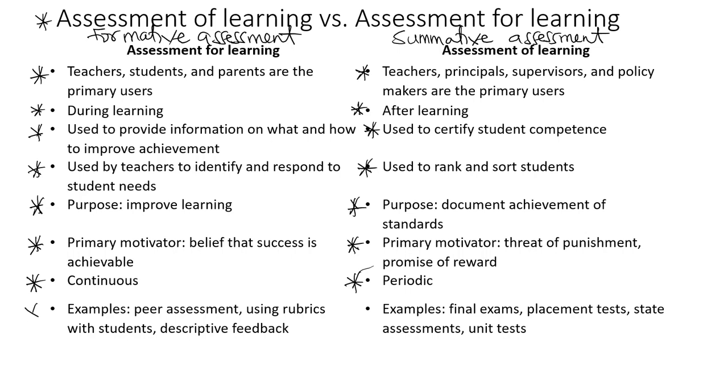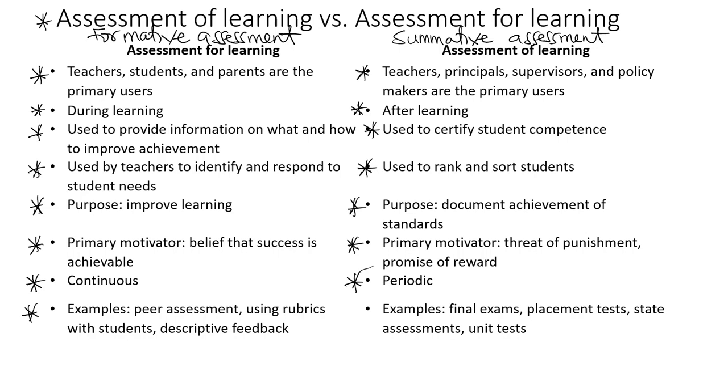In terms of the examples, for assessment for learning, we have peer assessment, rubric use with students, descriptive feedback from the teacher, assessments of group discussions, reflections, so all sorts of things.